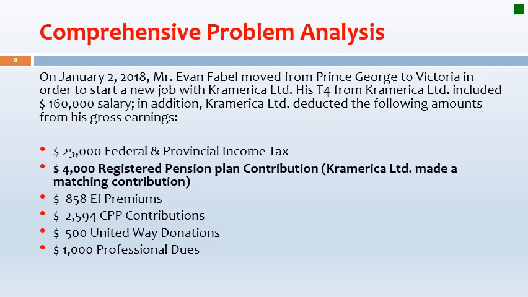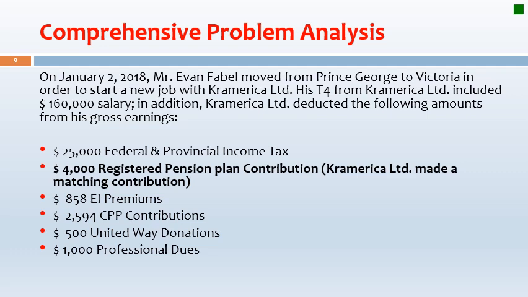What about the registered pension plan contributions? Well, there are two components to this. First, there's $4,000 in contributions that were made directly on Evan's behalf. This is Evan's money. Evan earned this in his gross earnings, and the employer, Cramerica, sent $4,000 of it into a registered pension plan. That is a deduction for Evan.